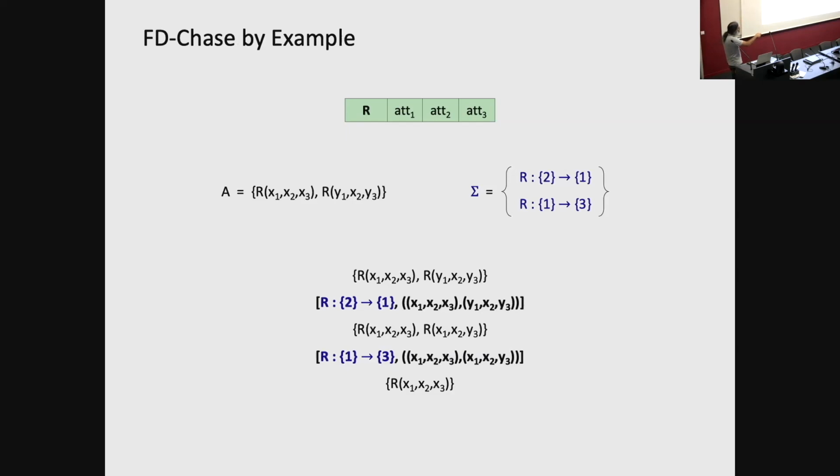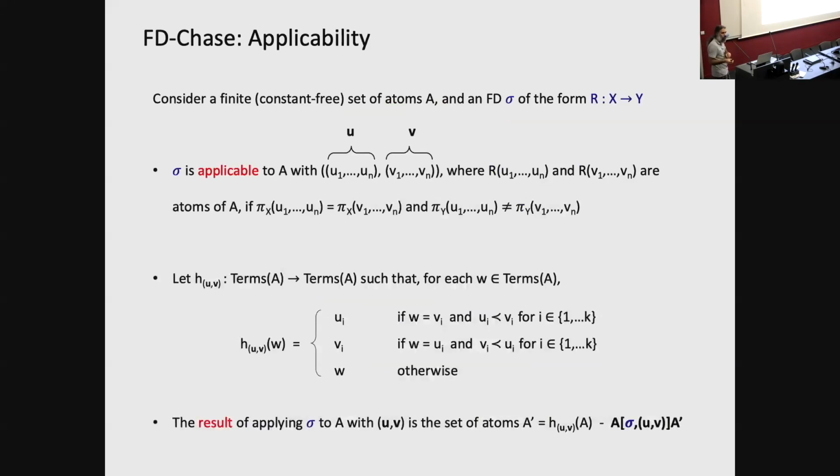So for the first chase step, we say that the first functional dependency is applicable to this set A with this witness, U and V. And the same here, right? So with this strange notation, which is not that strange anyway, I just denote a single chase step.